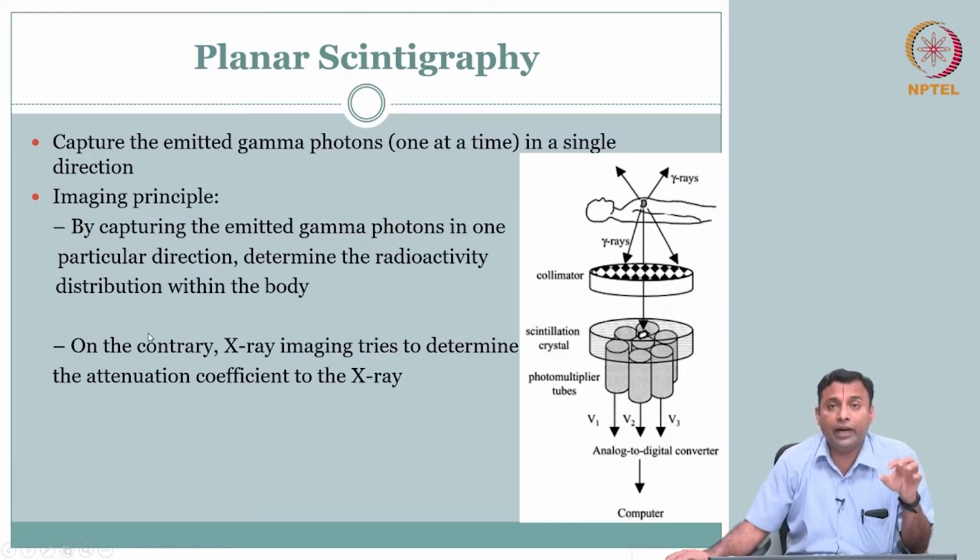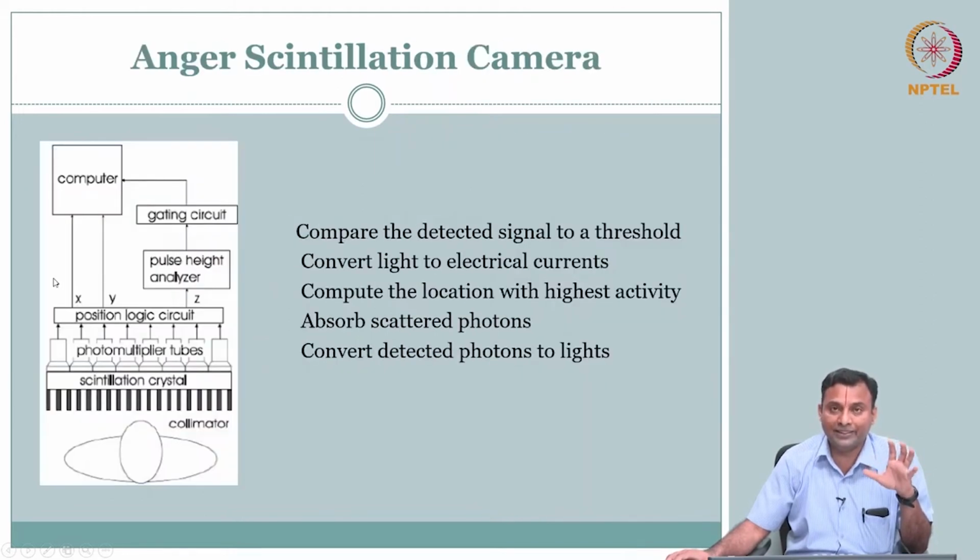Okay, and we had a lot of engineering of the radio tracers so that we will be able to kind of tune or engineer our detection side so that we can say where it is coming from, right. So the major part is the camera, the Anger scintillation camera, that is your most important part.